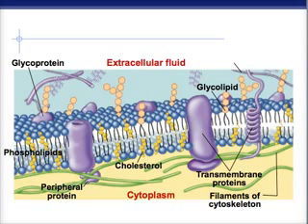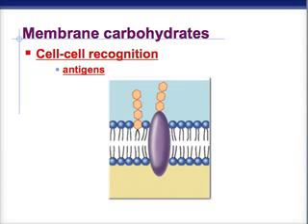Cholesterol, which you can see as part of the membrane, actually spaces the phospholipids apart. The carbohydrates are not inserted into the membrane because they are too hydrophilic for that. Instead, they are attached to embedded proteins, which are called glycoproteins. These surface carbohydrates function in cell recognition, cell signaling, and cell adhesion. So let's look at these membrane carbohydrates a little bit more in depth.